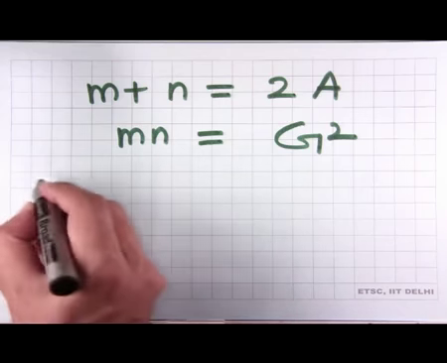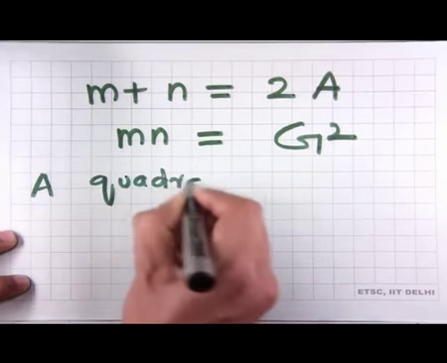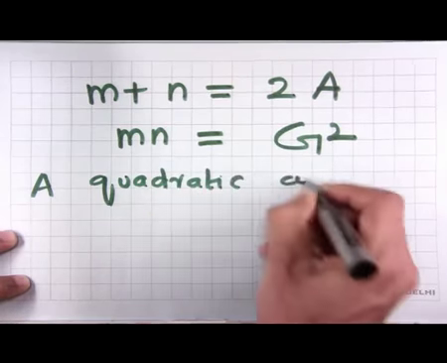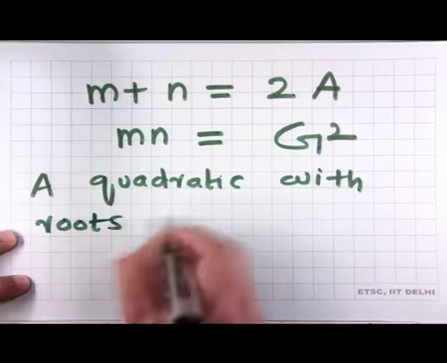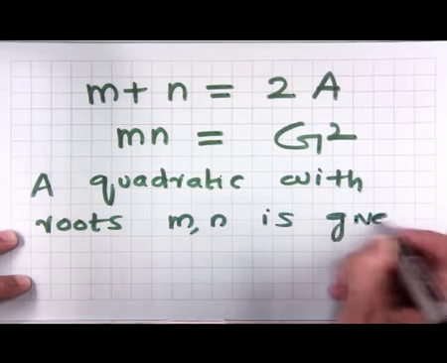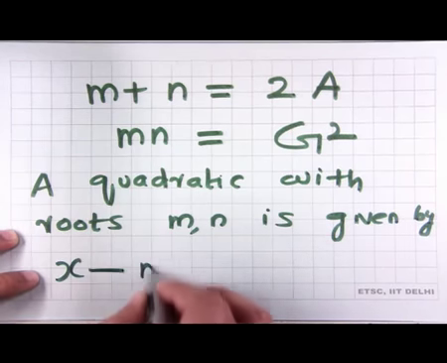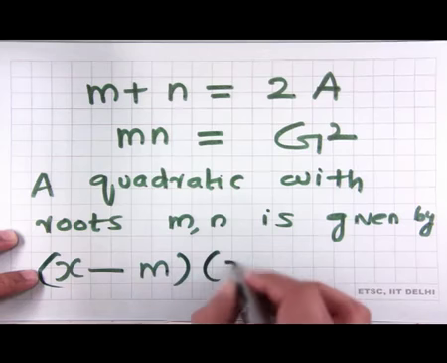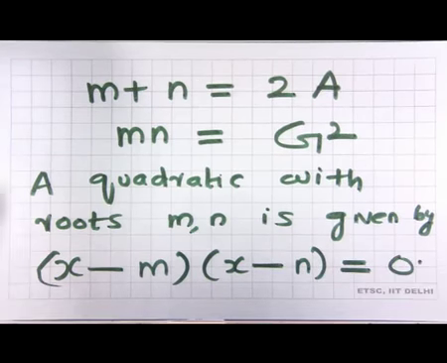Now, a quadratic with roots m comma n is given by x minus m into x minus n is equal to 0.